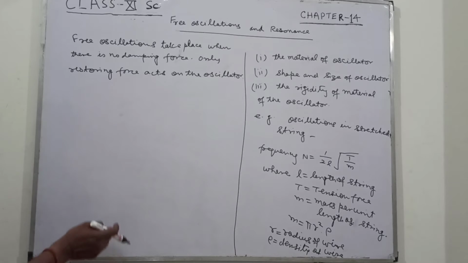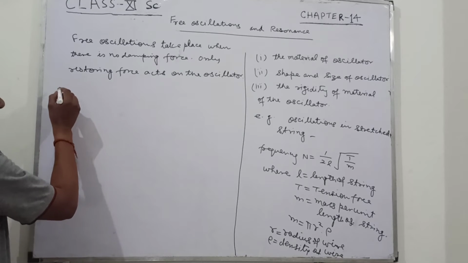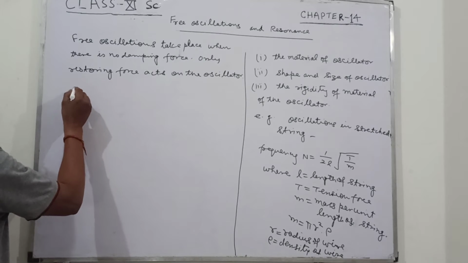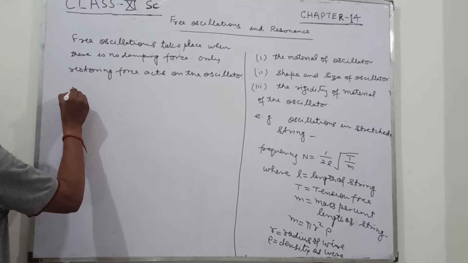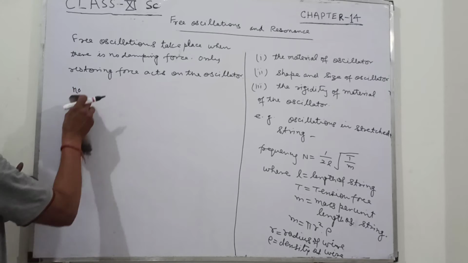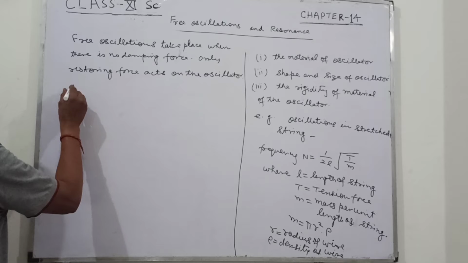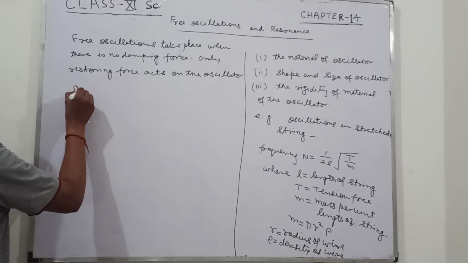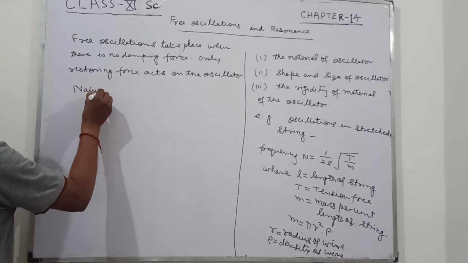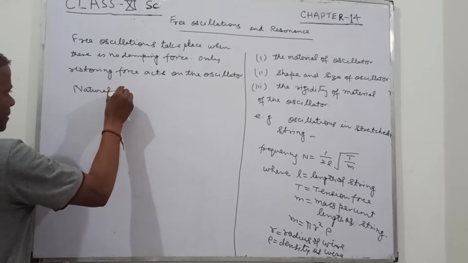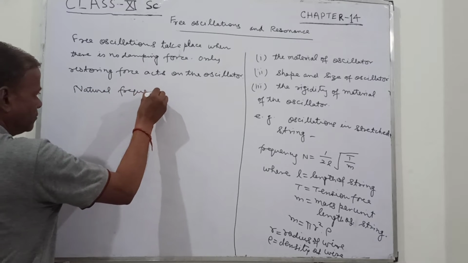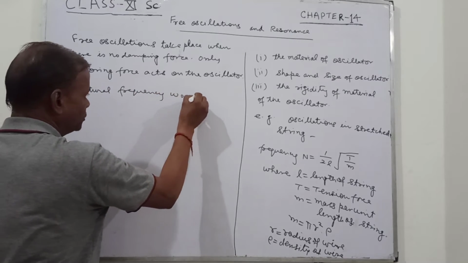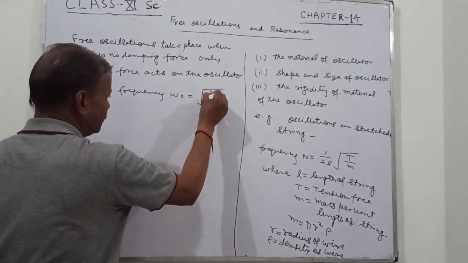I told you that the natural frequency omega naught equal to square root of k upon m.